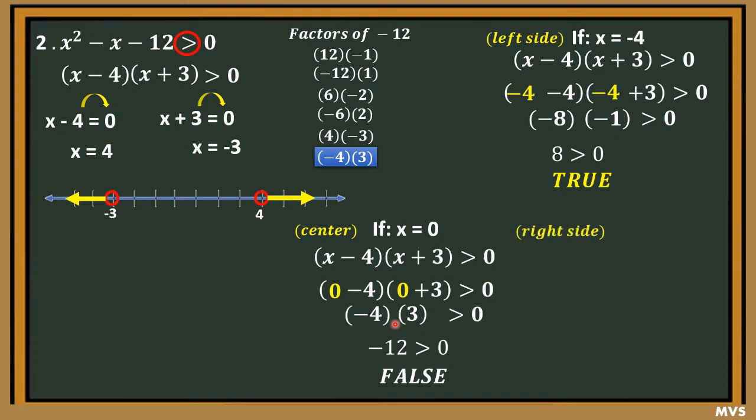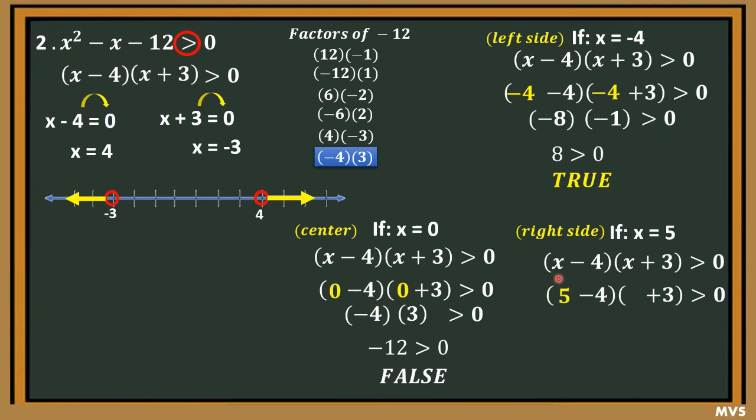Let's go to the right side. I'll choose 5. So x is equal to 5. Factor form. Then substitute. Your x is 5. Just copy -4. Your x is 5. Just copy +3. Copy greater than 0.